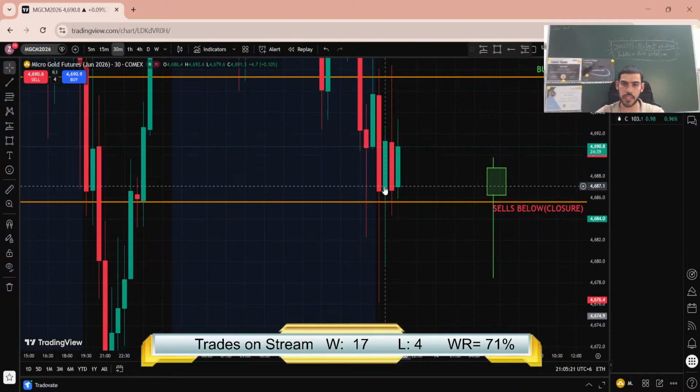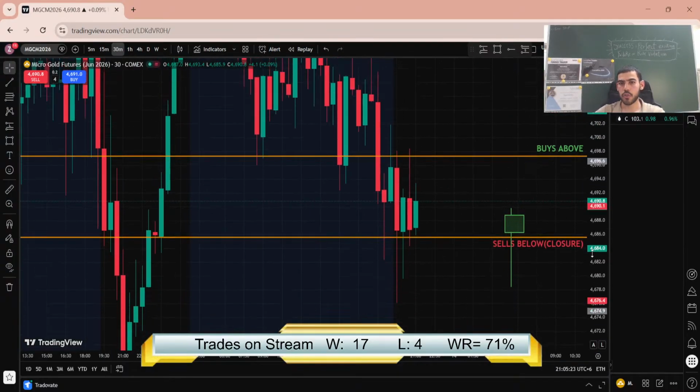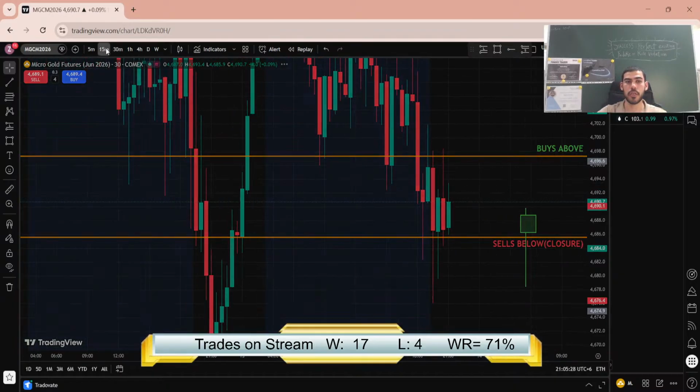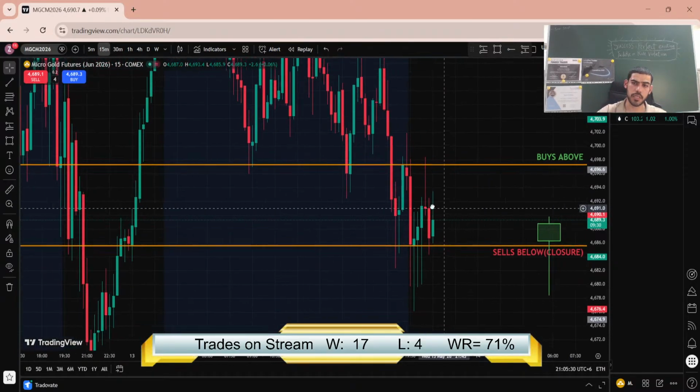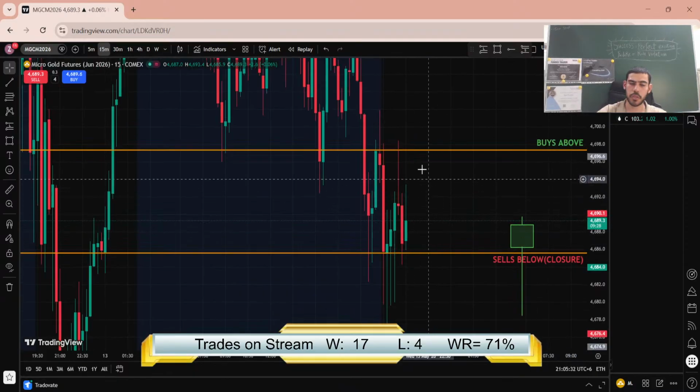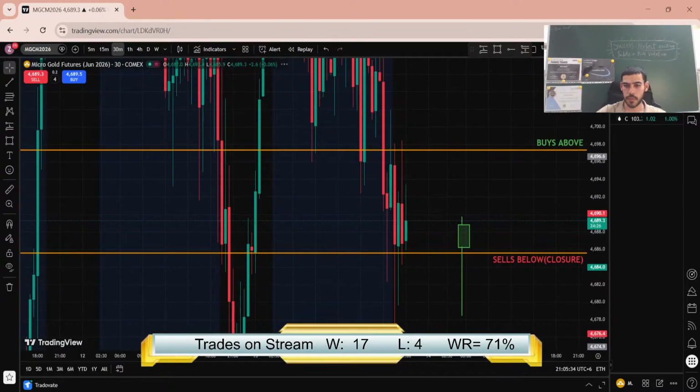This red candle is smaller than this green candle, so all we need to see is a green closure on the 30-minute or probably on the 15. Let's see how the 15 closes and the 30 closes, which will give us much better chance and higher probability trade.